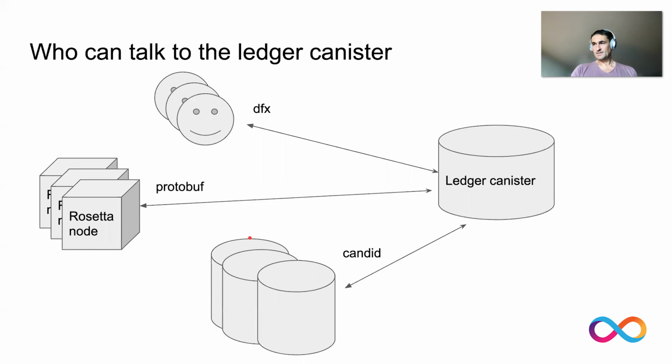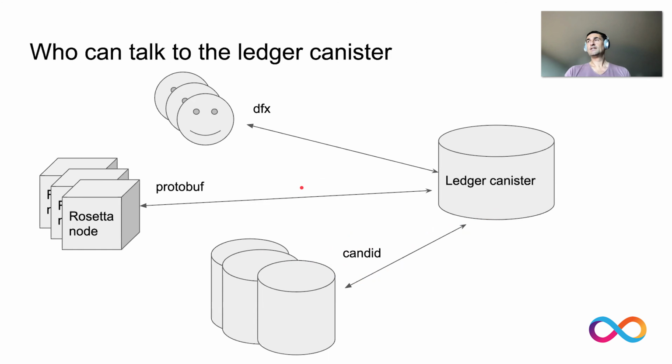Then there are canisters that may already talk to the ledger, maybe not doing much at the moment, but they can talk to it. Right now we're in the process of defining a Candid interface for communication with the ledger canister, and in particular, this is the interface that informs the terms that I'm using today.